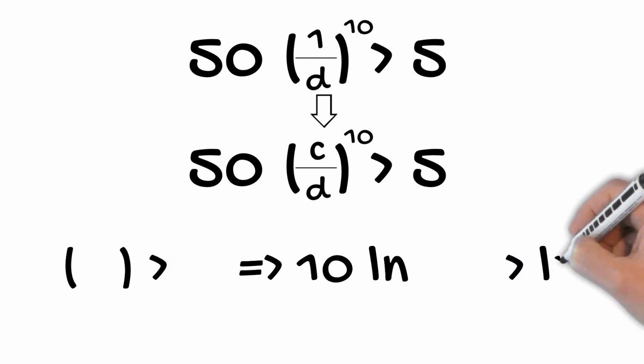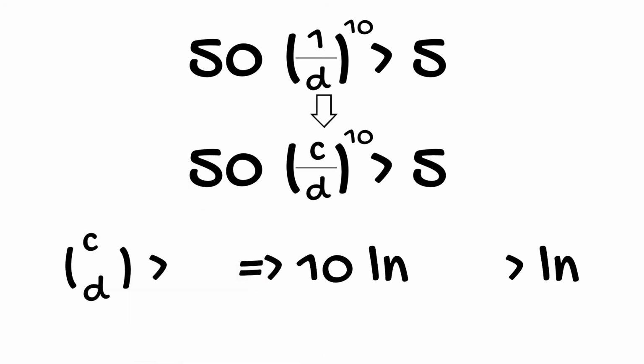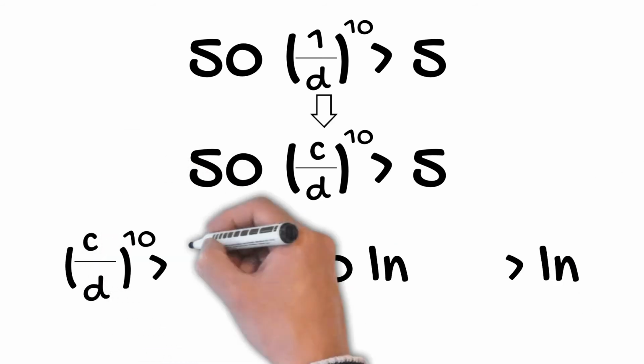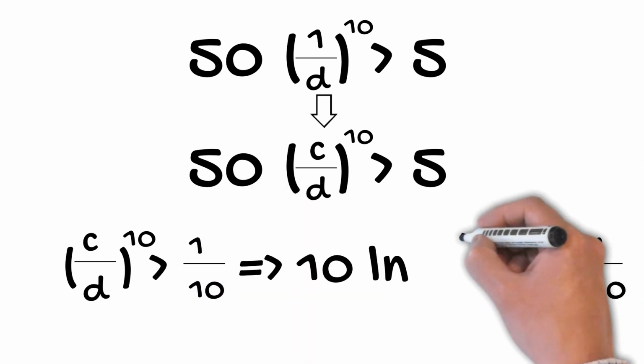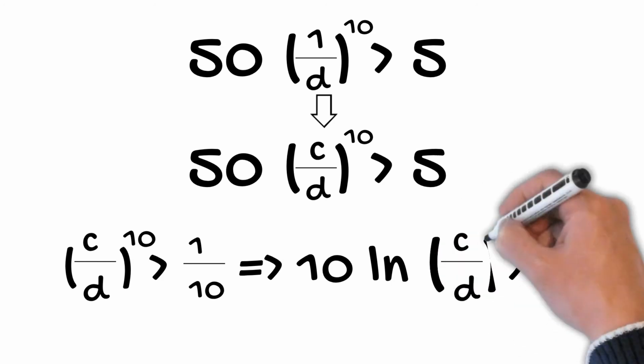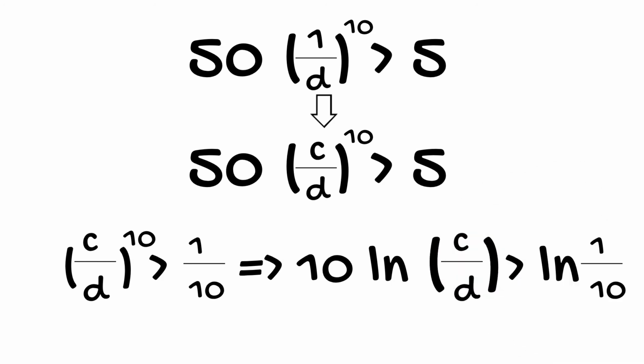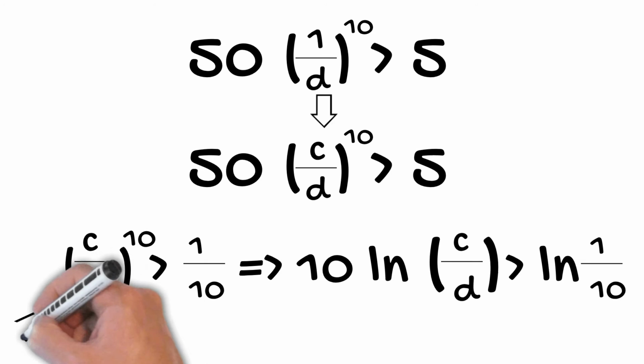So if I continued with this equation here, what that would really mean is I would want to rephrase it like this: C over D to the power of 10, and I'm going to divide across by 50. I want that to be greater than 1 over 10. And what I could then do is take the logarithm of both sides.